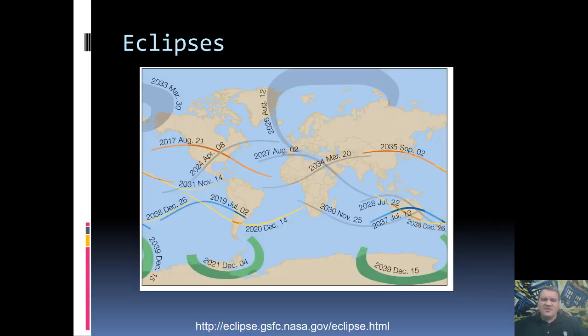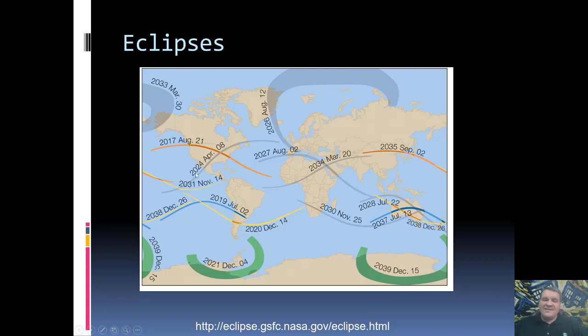So in this image, we're actually looking at the different regions of totality for different solar eclipses. So for example, this one on August 21st of 2017, this was the Great American Eclipse, the one that just happened a few years ago. Now the one that's going to be happening in a few years is this one in 2024, which again is actually crossing through most of North America.